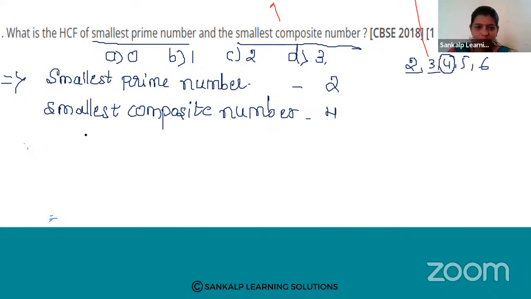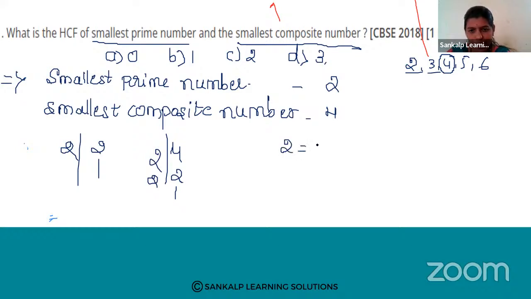Now, 2 ones are 2, 2 twos are 4. That means the factors of 2 are 2 into 1, and the factors of 4 are 2 into 2 into 1. Which factor is common here? Here 2 is there and here also 2 is there.